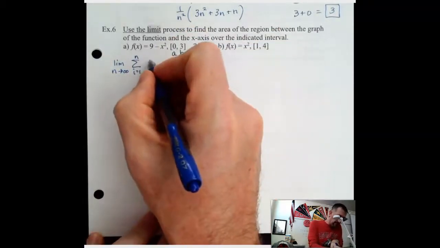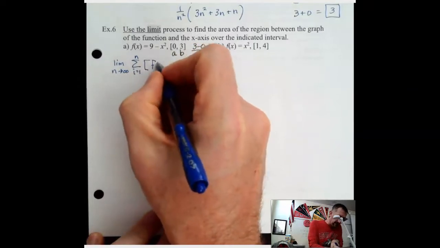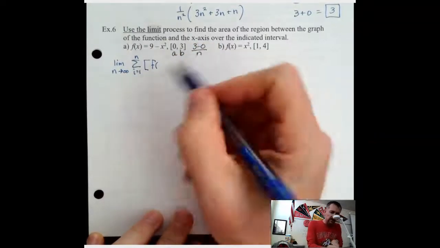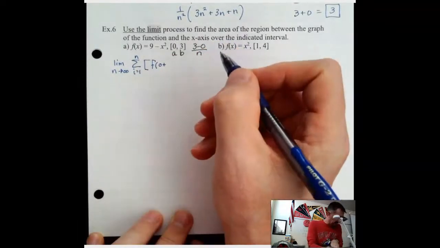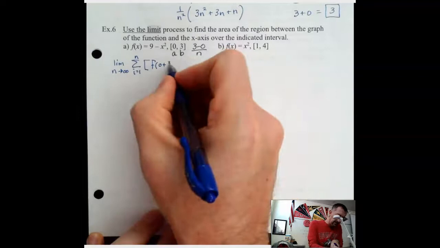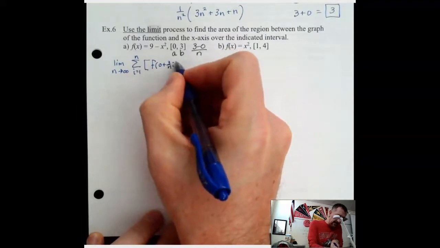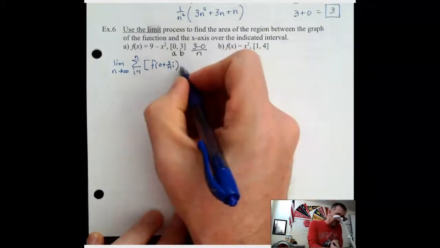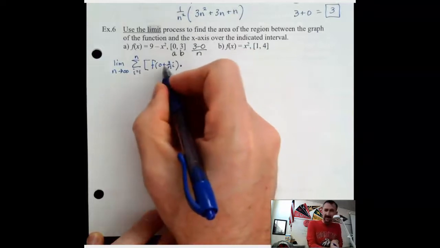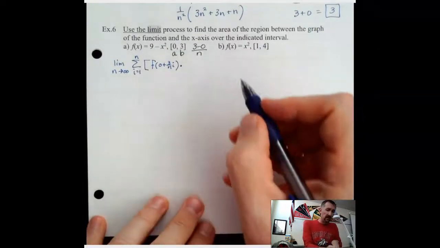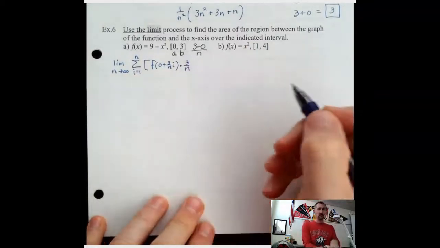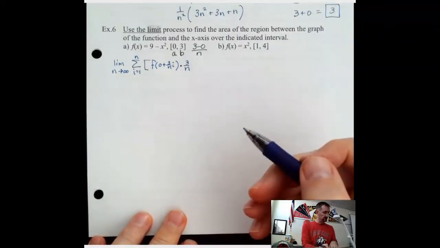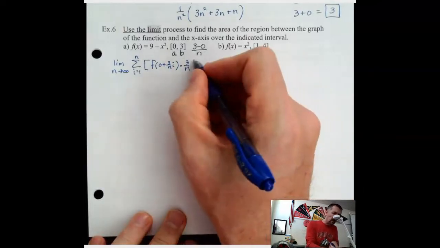Now we have the function, and remember, this is where I talked about how I could have put in 0 on the other one, 0 plus, and we're going to have 3 over n times i. That's getting plugged into the function. That's giving us the different heights that we have there. And then we're multiplying by the base, which is a constant, 3 over n.